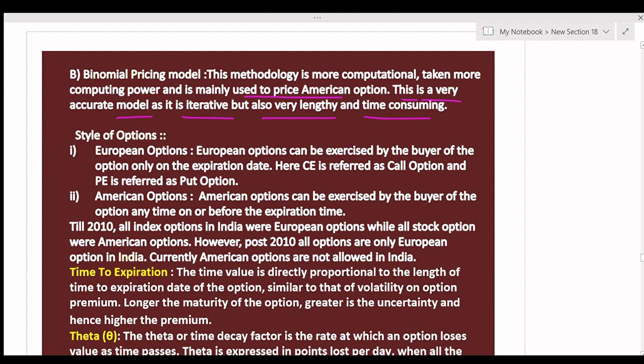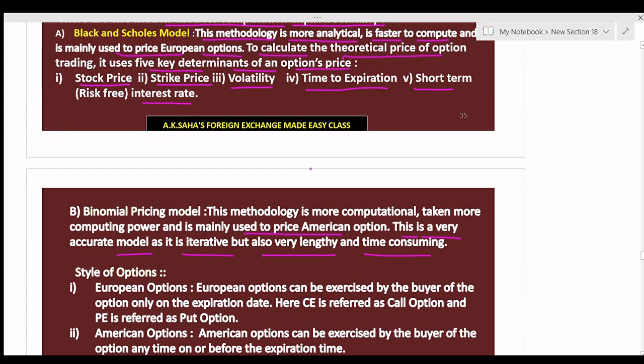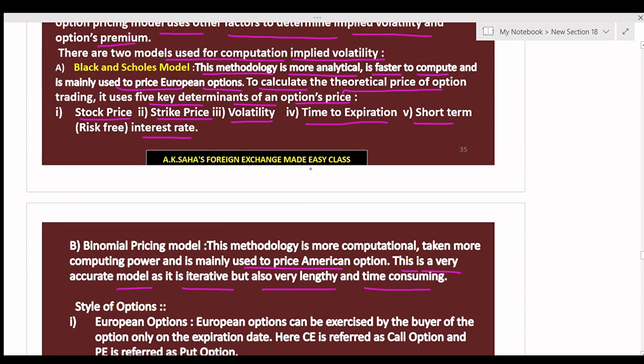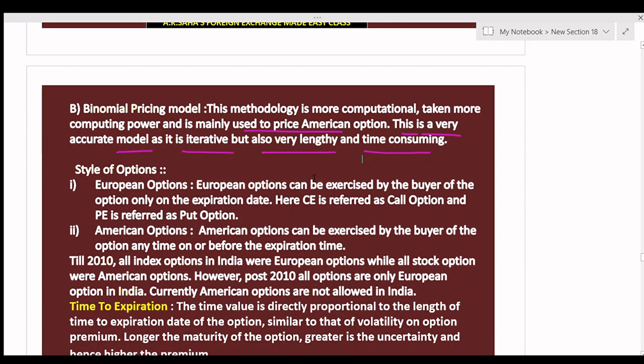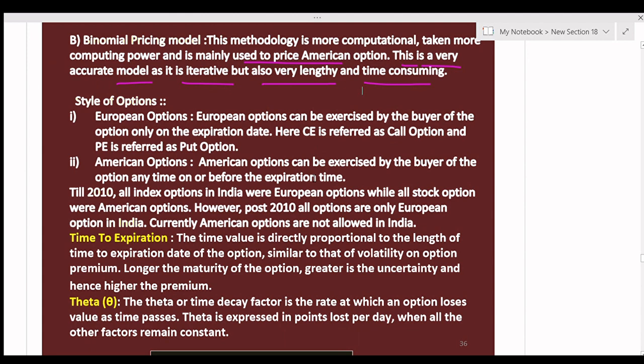Now what is American option and what is European option? Because Black and Scholes follows the European option and the binomial pricing model follows the American option. That is the style of option. European option can be exercised by the buyer of the option only on the expiration date.